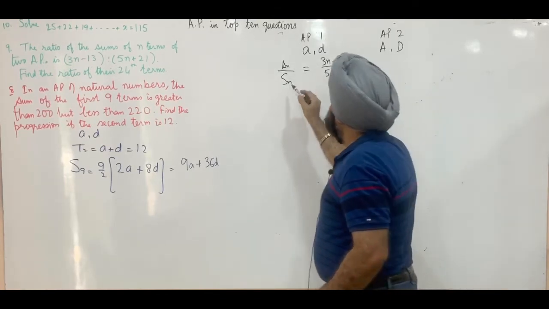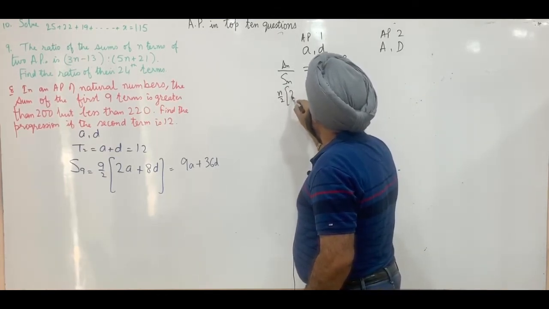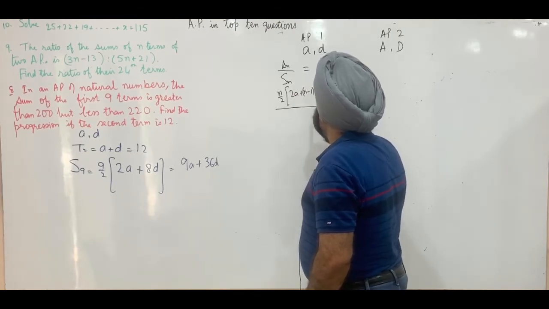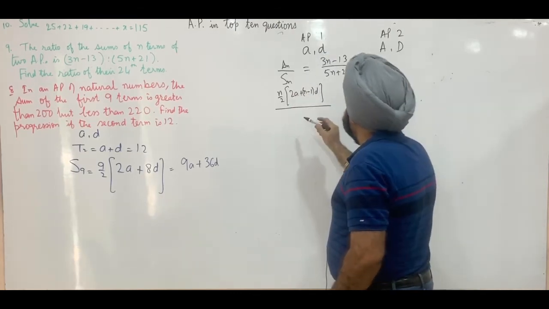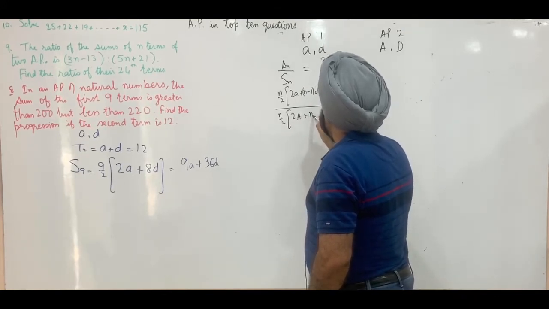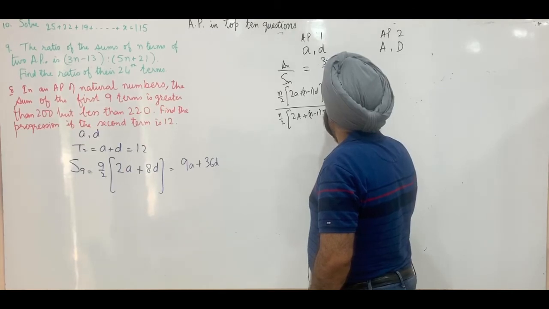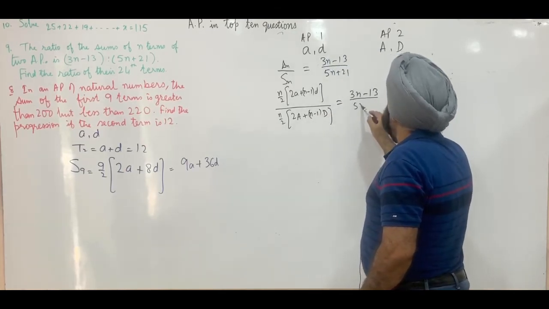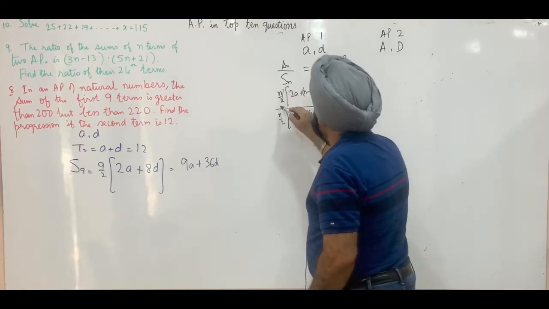The sum of n terms is n by 2 into (2a plus (n minus 1) into d), and for the second we use capital A and capital D. N by 2 will cancel out.